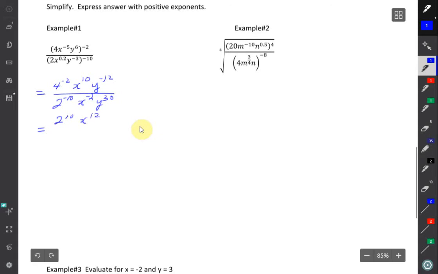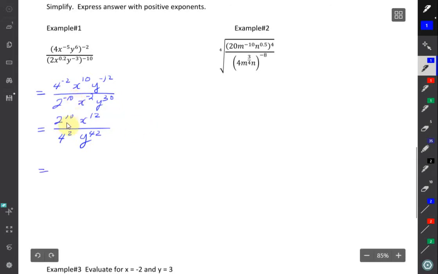So that's x to the 12. And then in the y, the exponent 30 on the denominator is larger. So I'm going to put this 4 to the negative 2 in the denominator. That will be 4 to the positive 2. And then we have y to the 30 minus minus 12, which is 30 plus 12. That's 42.